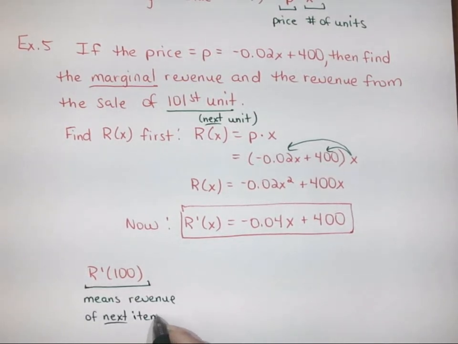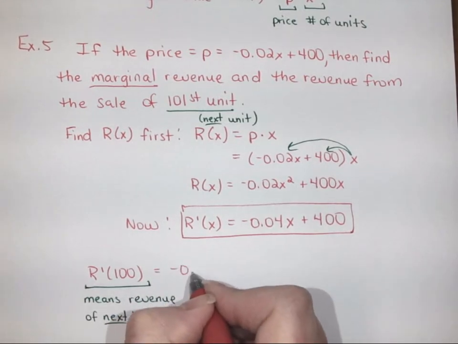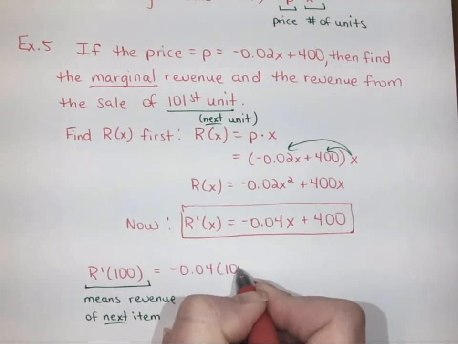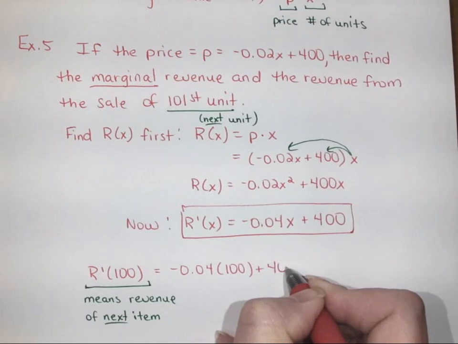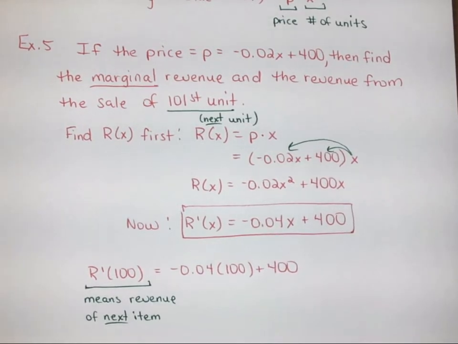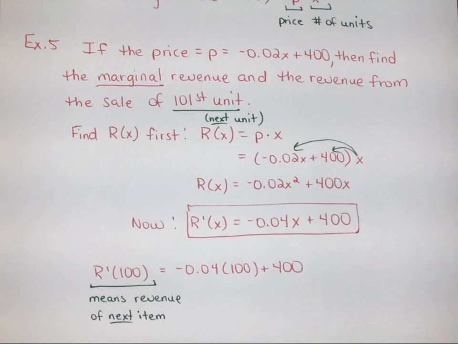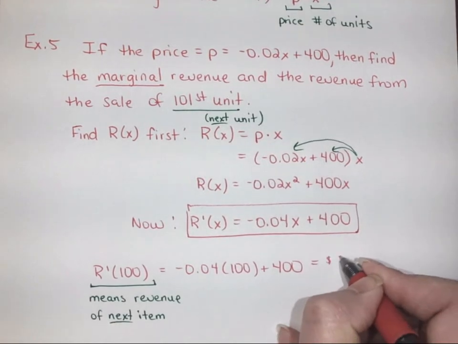So if I want the next item, then I need to plug in 100. And so it would be negative 0.04 times 100, and then plus 400. So let's do that on our calculator. Negative 0.04 times 100 plus 400, and we get 396.